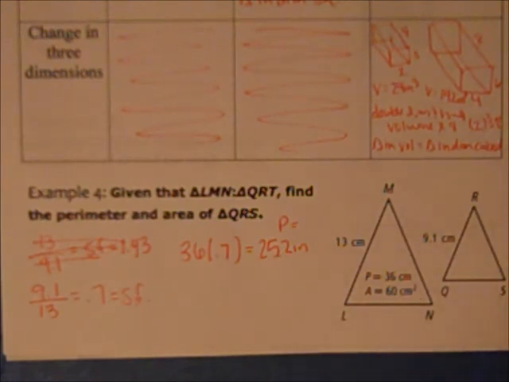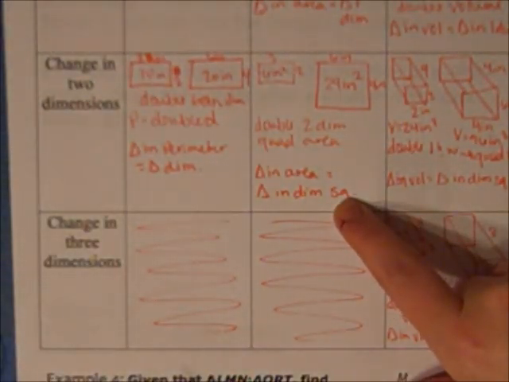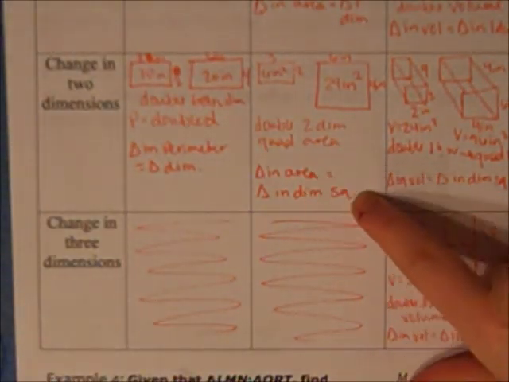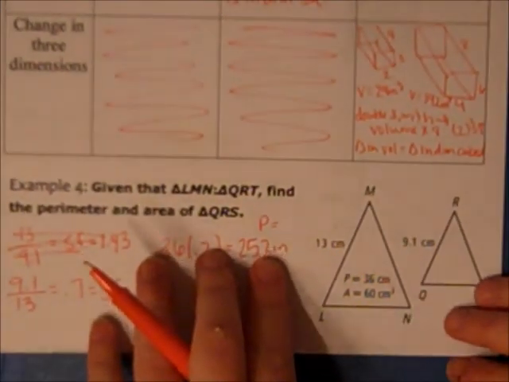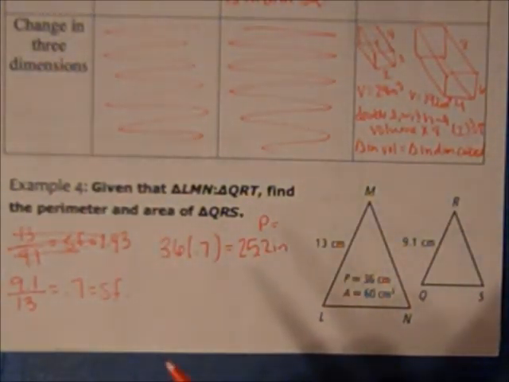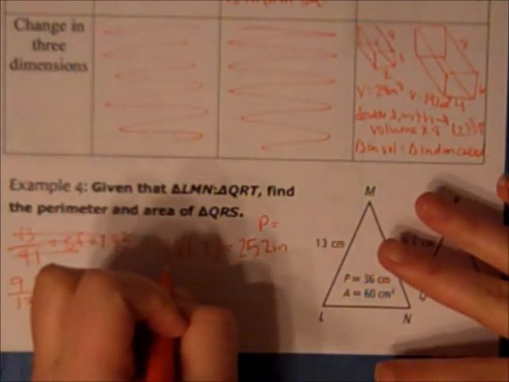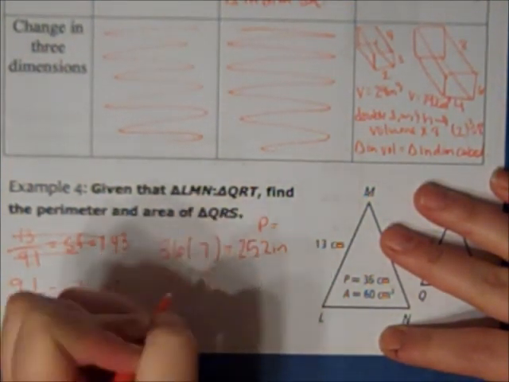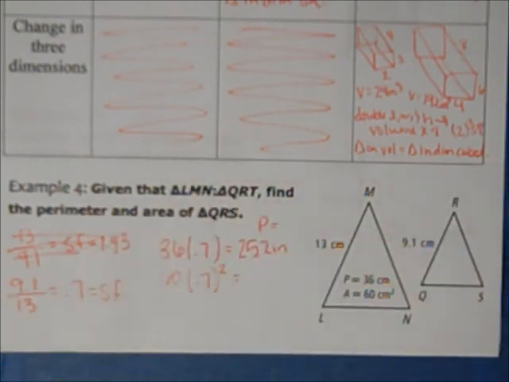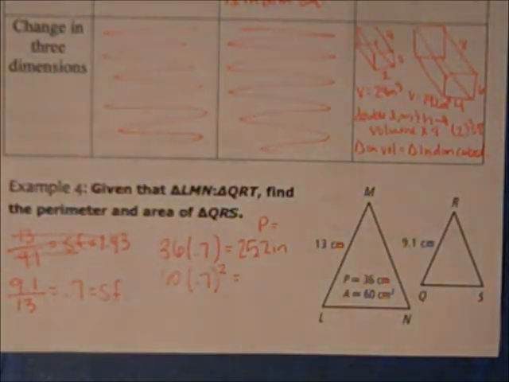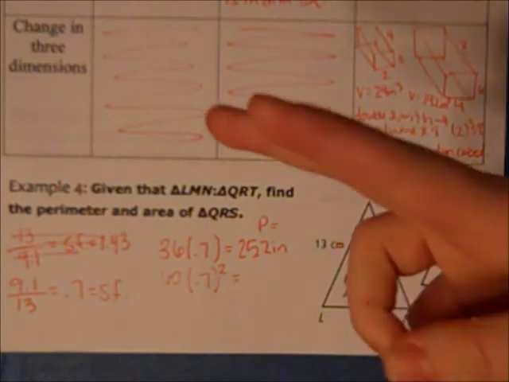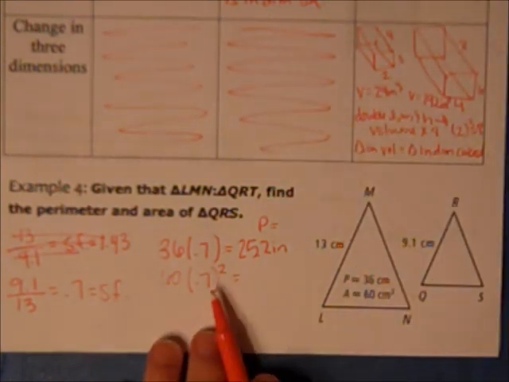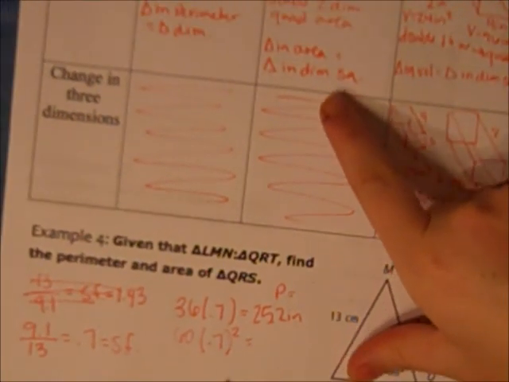Now, same concept, except when I go to change the area, I have to remember that I have to square this scale factor because I'm going to be doing it once for the base and once for the height of the triangle. So you take your original area, you take your scale factor, but because it's area and I'm doing it twice, length times width or base times height, I have to do the scale factor squared.